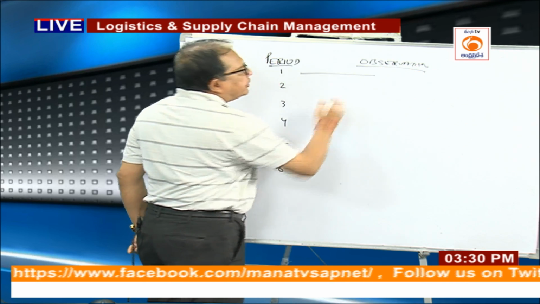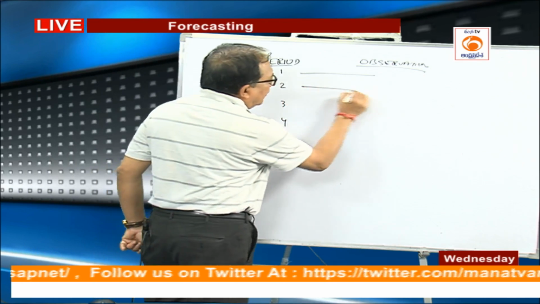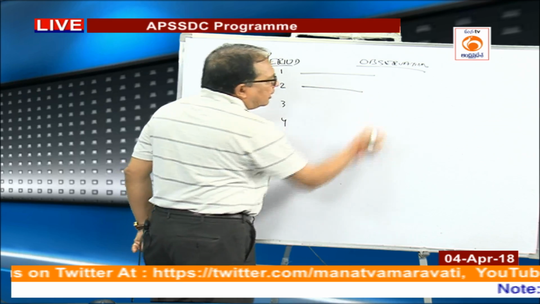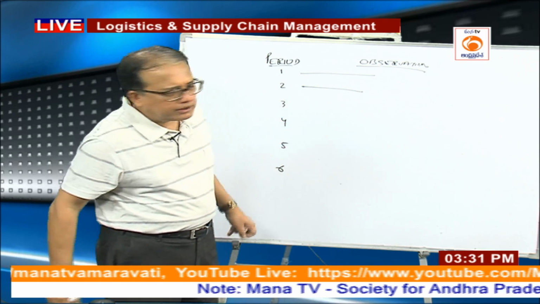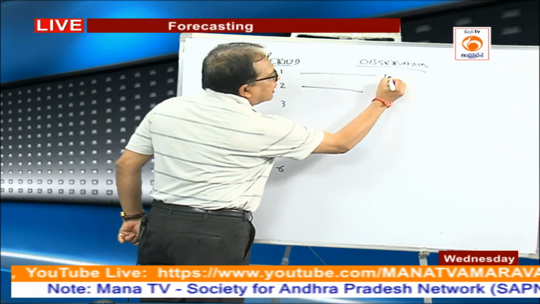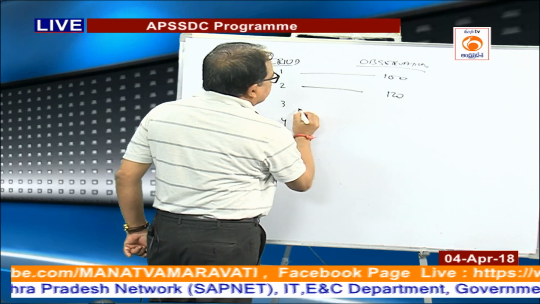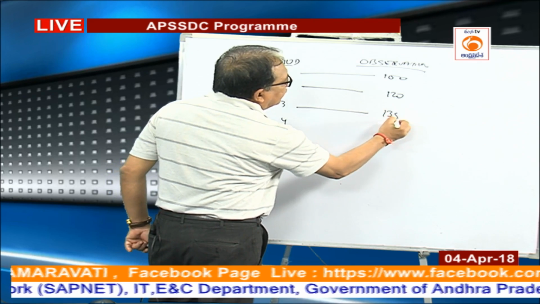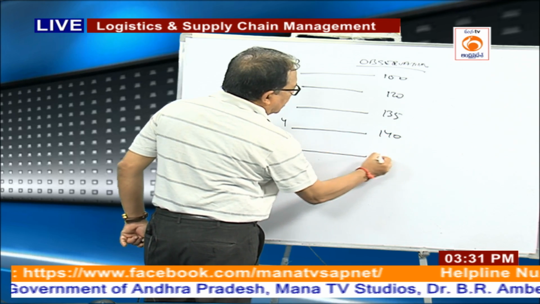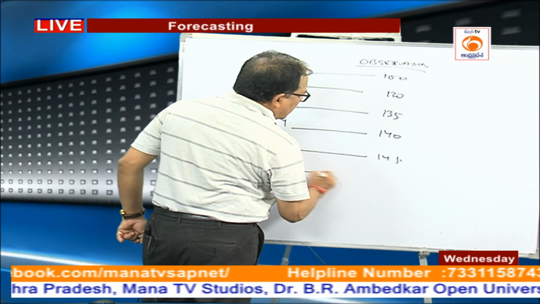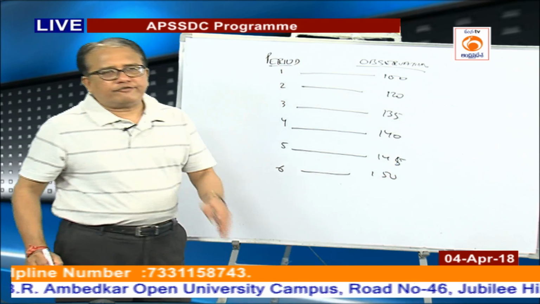We will take hypothetical figures. Now, suppose in period 1, and we will take figures in such a way that it is easier for us to calculate. Suppose the demand was 100 units, 120 units, 135 units, the fourth period 140 units, 145, 150.